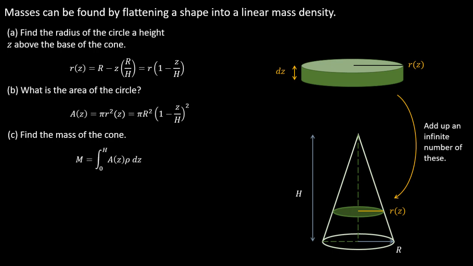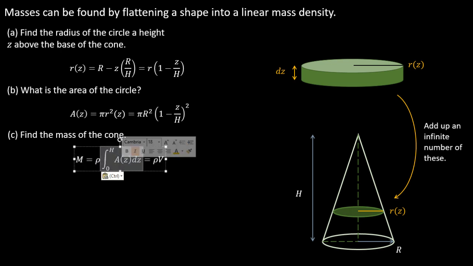So remember, we had m is equal to A(z) times rho, okay? And we wanted to integrate that. That is going to be rho times the entire volume. So you can see, right, if I just pull the rho out, we have the integral here, 0 to h A(z) times dz.